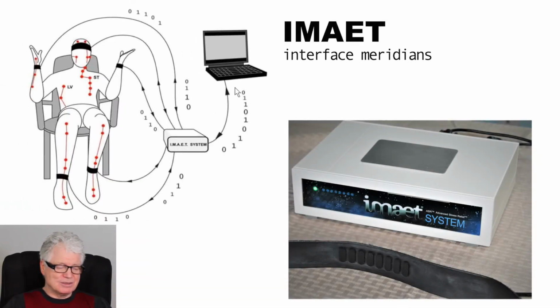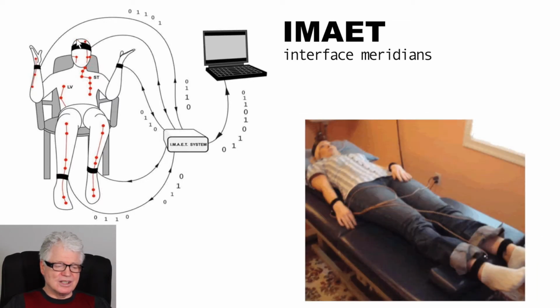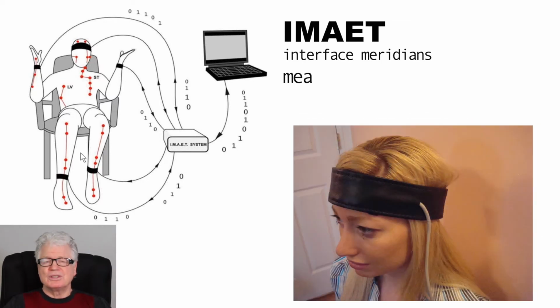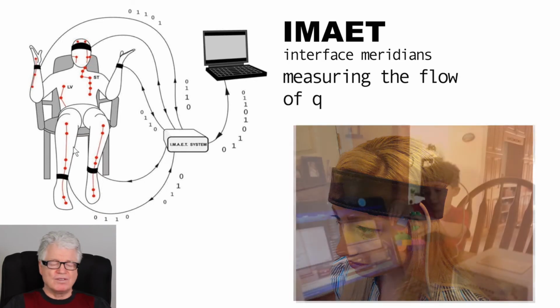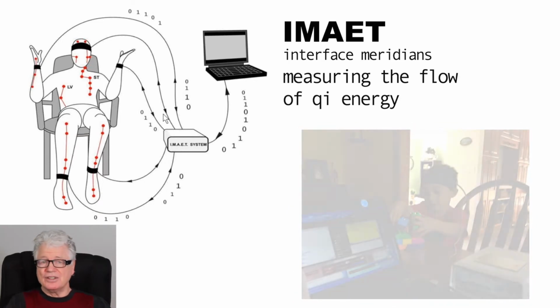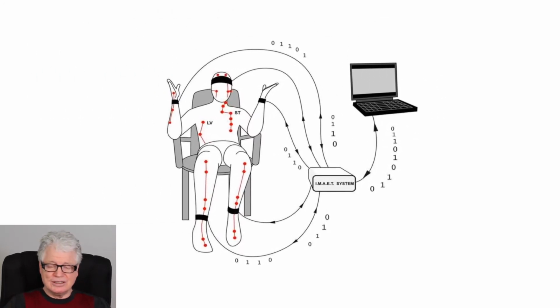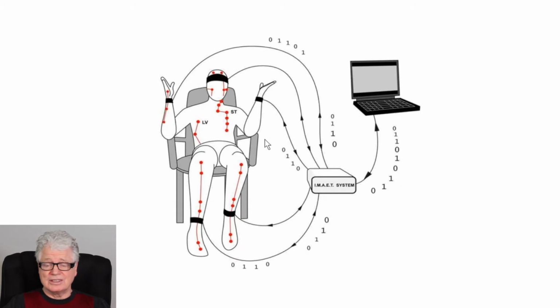And with the immune system, of course, we are intercepting these meridians. We're simply measuring the chi energy that flows in there. I can look at this chi energy as data of cellular communications. And it's a lot, because there's a lot going on in these cells. Actually, it is the language of life.